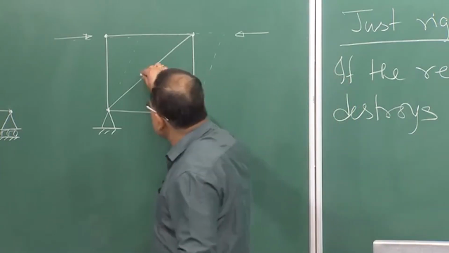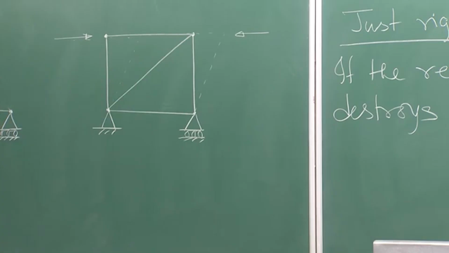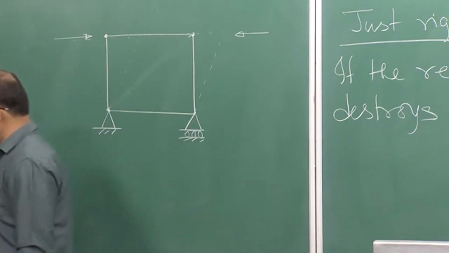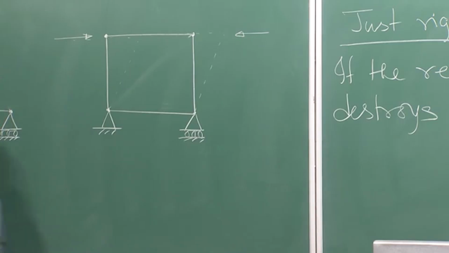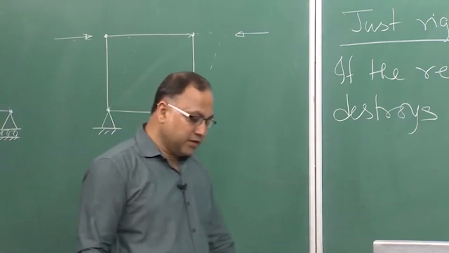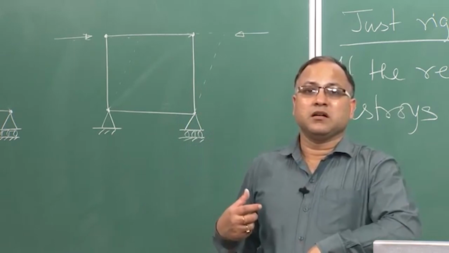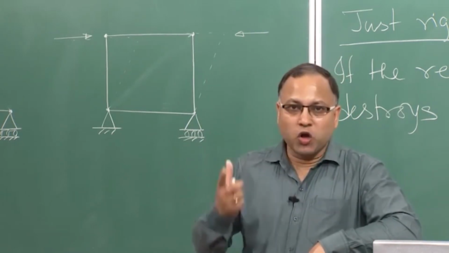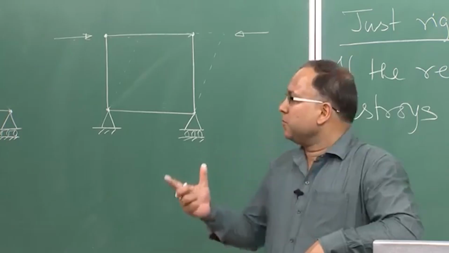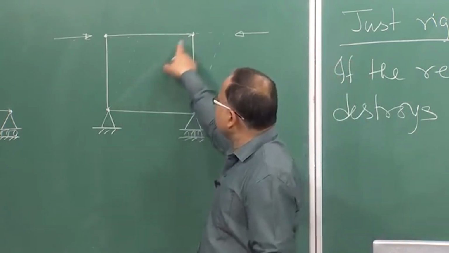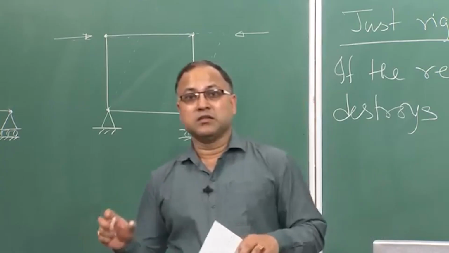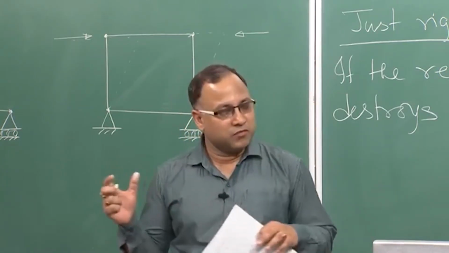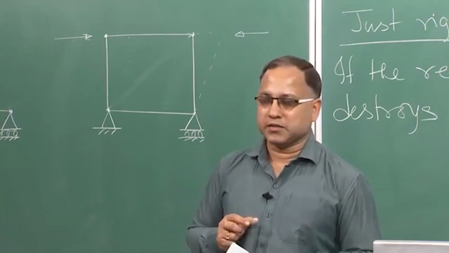Immediately you remove this member, as it was there earlier, the stability gets disturbed and it becomes unstable. So, rigidity is getting disturbed by removing only one member.